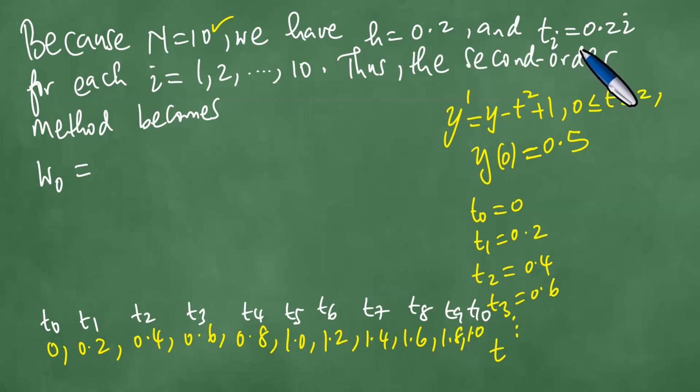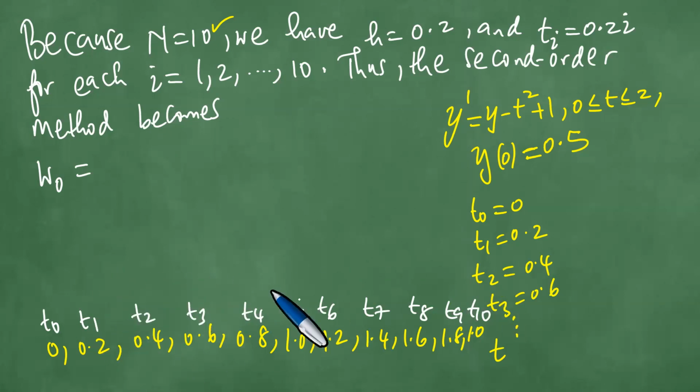If h is 0.2, then we must move in steps of 0.2, so that if you take 10 of these, then you get to 2.0. Okay, for each of the i's from 1 to 10.